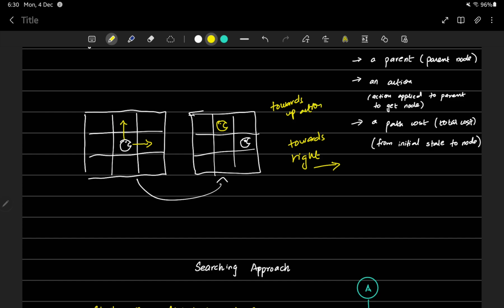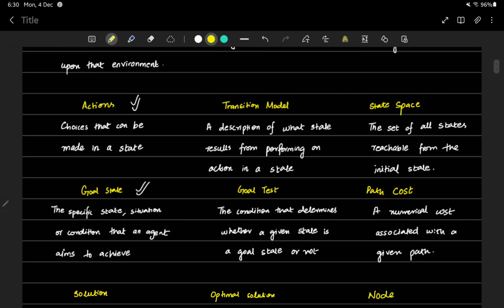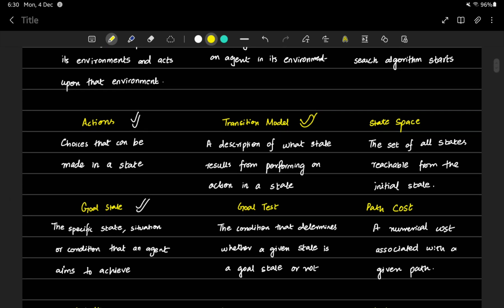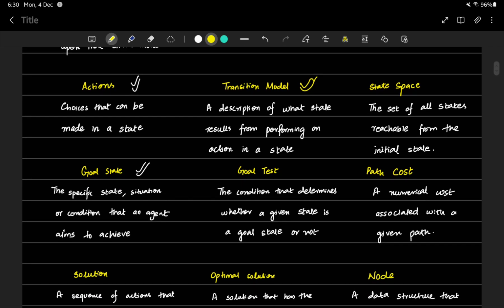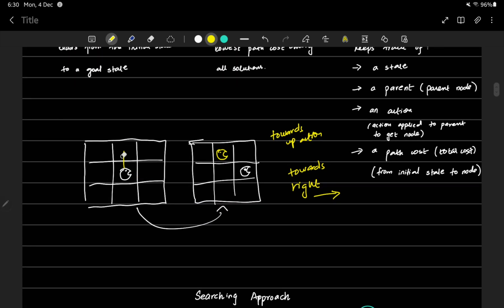That's it. Super simple, right? So let's talk about a transition model. Now this is a bit confusing, but it's pretty easy to explain. So it is nothing but a description of what state results from performing an action in a state. Now I'll just explain you with the same example.